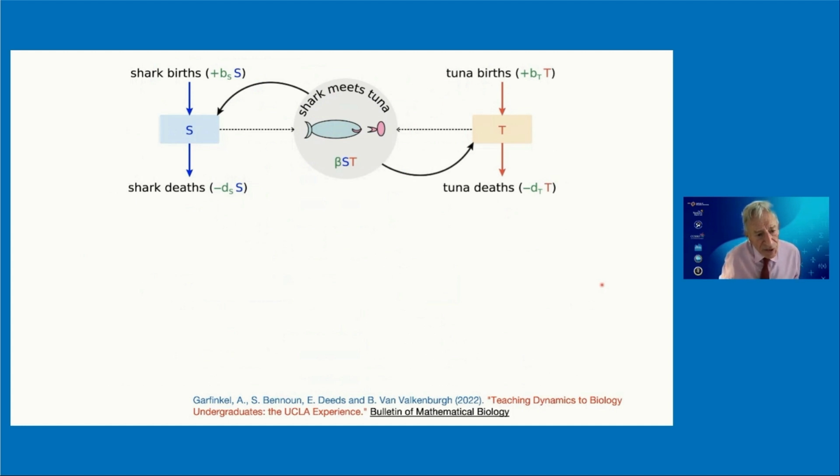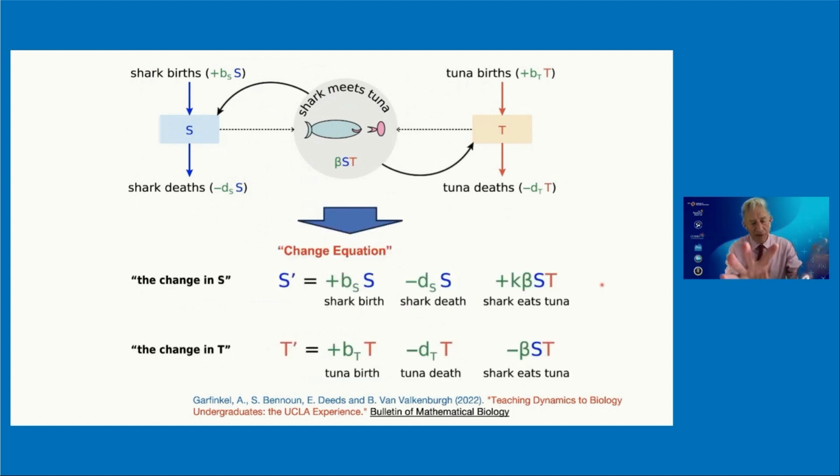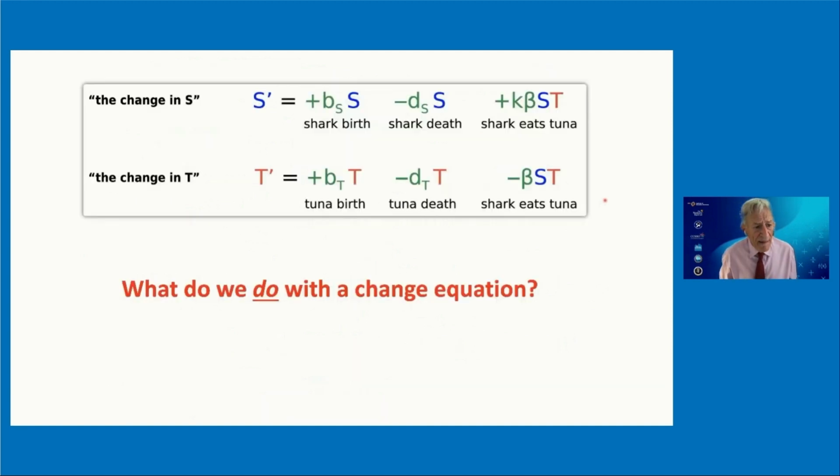And then we turn that boxes and arrows diagram into a change equation. And the change equation just says the change in the shark population is, and we collect all the positive terms with positive signs, and we collect all the negative terms with negative signs, and we get a change equation. Now, once we have a change equation, now the question is, what do we do with this?